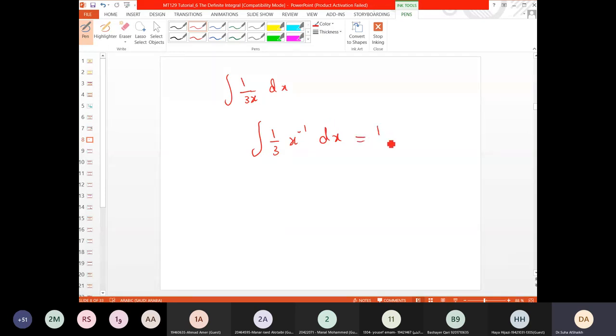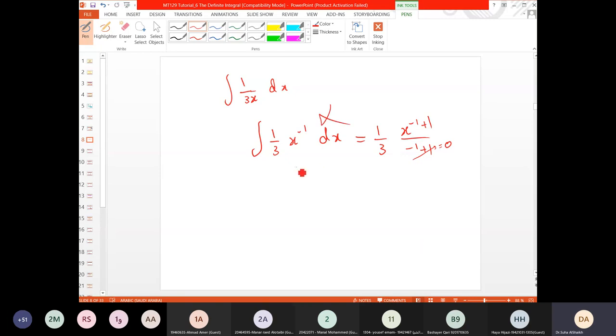Is it correct? This 1/3 would become x to the power minus 1 plus 1 over minus 1 plus 1. Minus 1 plus 1 is 0. Is it correct to divide by 0, Tala? You asked me this question: can I make it like x to the power minus 1? If you make it like x to the power minus 1 and use the power rule, you will be dividing by 0. So I cannot use this way.